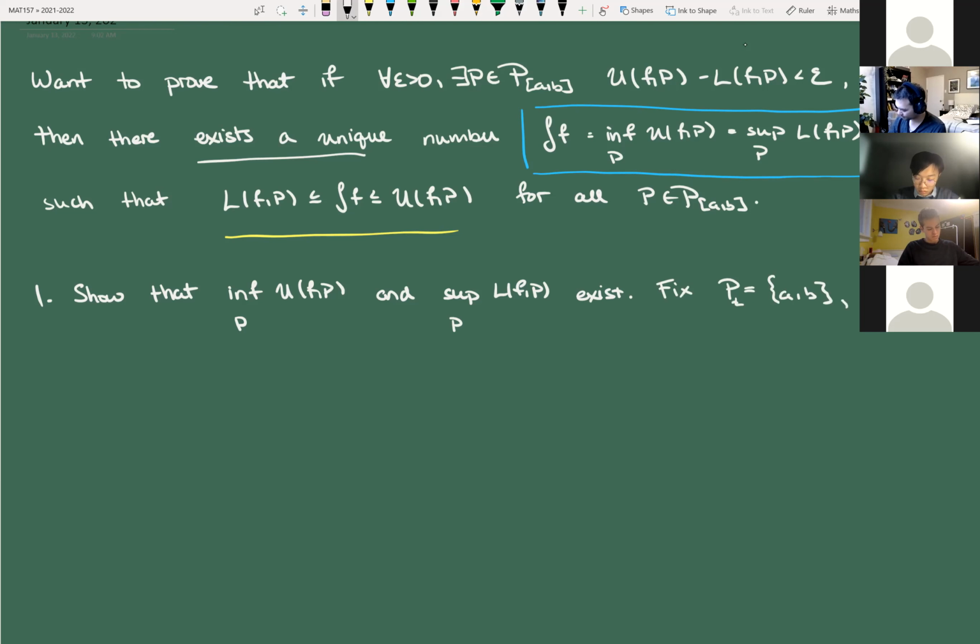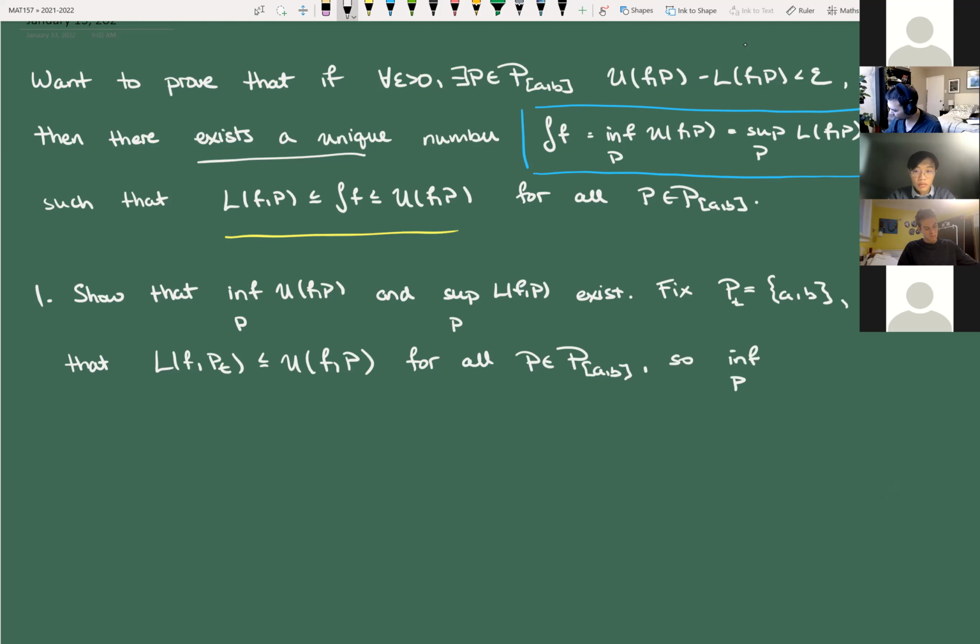So that L(f,P_T) is less than or equal to U(f,P) for all P. Right? i.e. the upper sums are bounded from below, right? I found a lower bound. So that must mean that the inf of the upper sums exists.